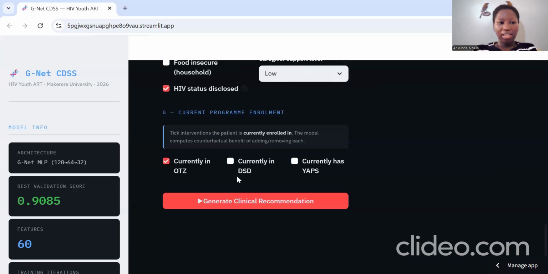And then DSD is differentiated service delivery. For example, the care is made easier and more convenient for the patient, with few clinic visits so that the patient is not overburdened, and maybe multi-drug refills so that they have enough instead of moving back and forth.